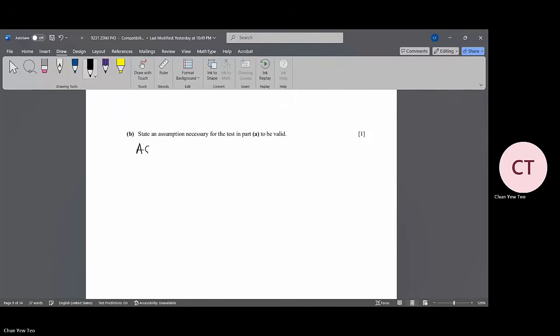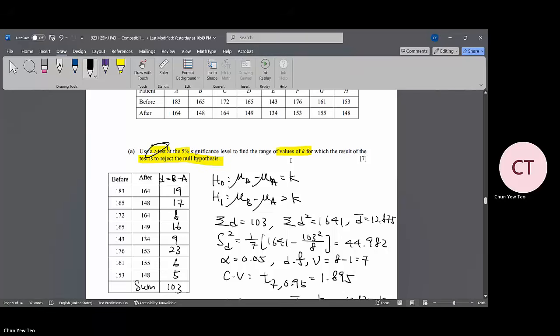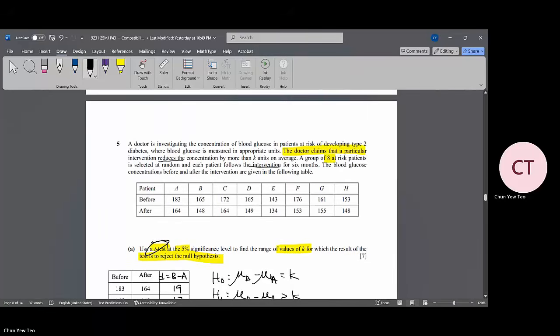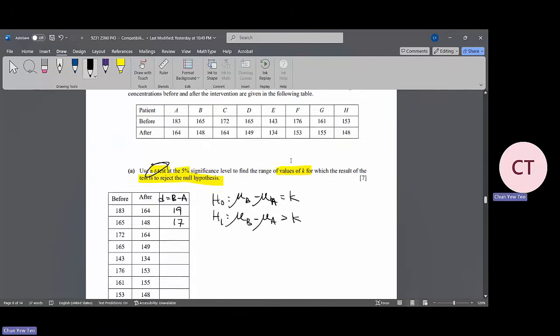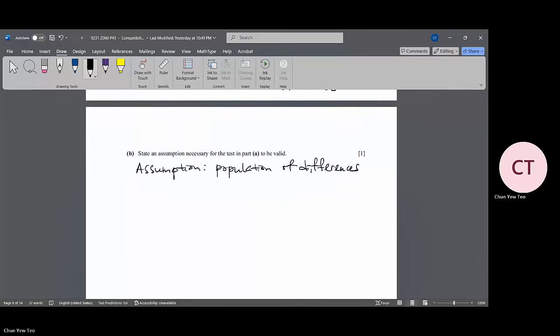So the assumption is that the populations of differences in mean are normally distributed.